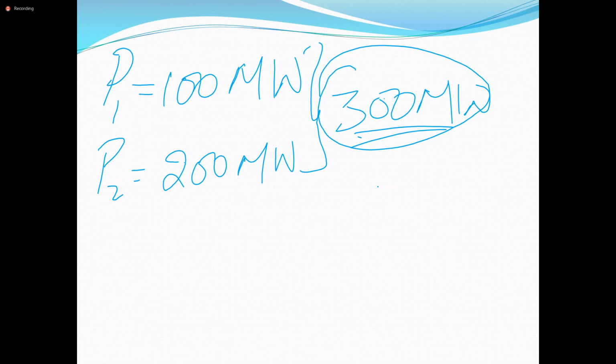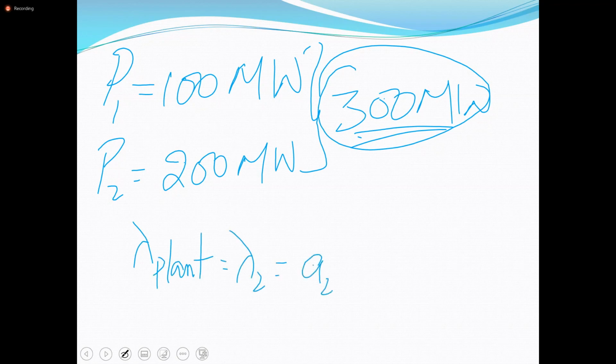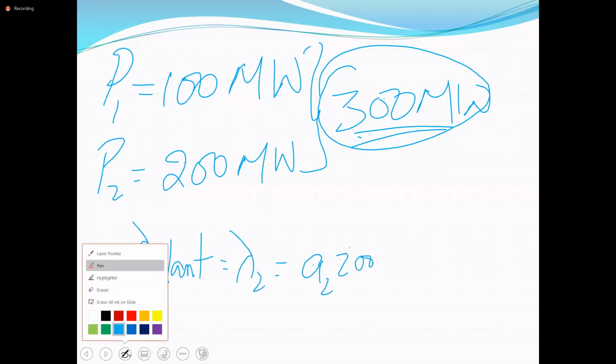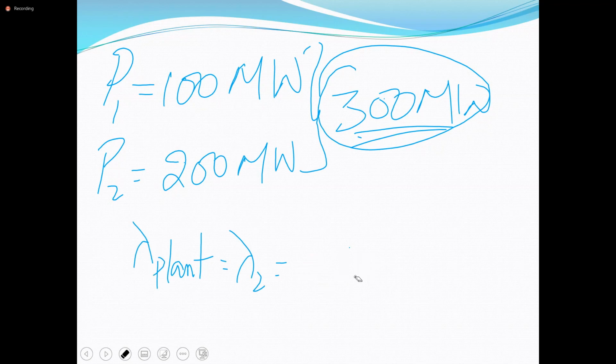Everybody with it? So we're going to find lambda plant, which would be equal to lambda 2, which would be A2 times 200. Let me make it easier for myself. So that would be equal to 0.0096 times 200 plus 6.4.